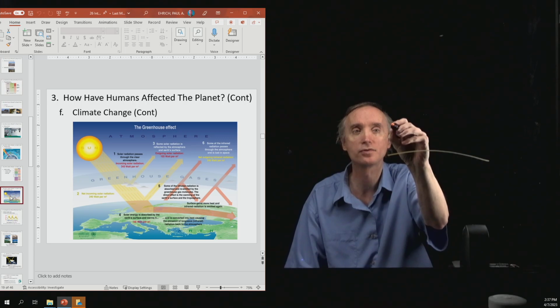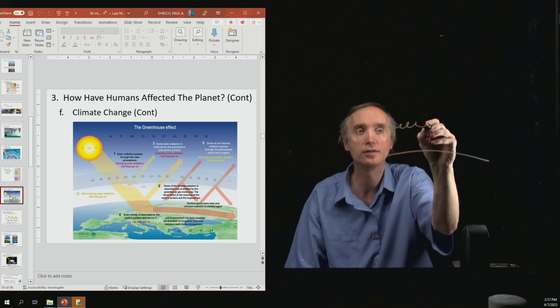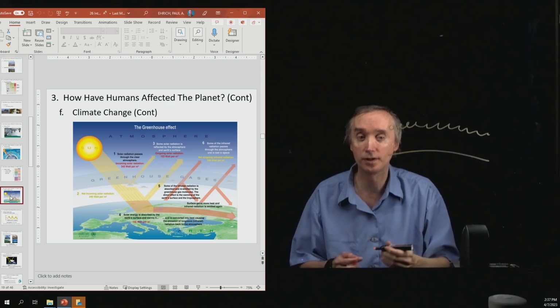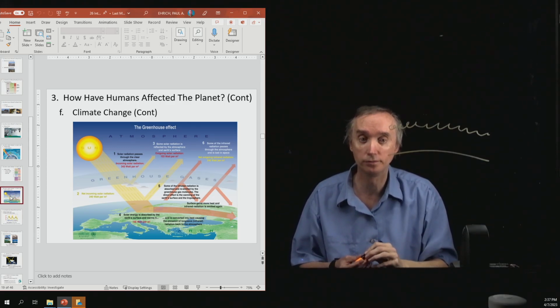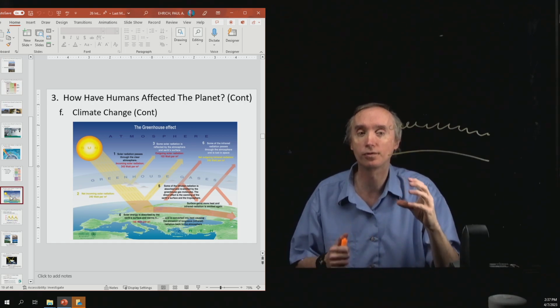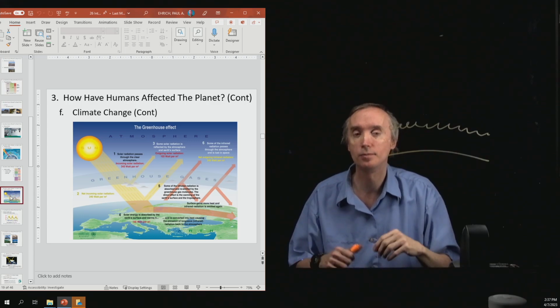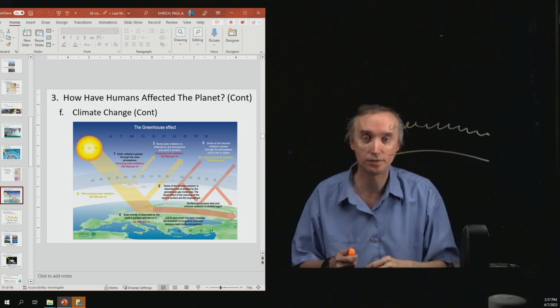Up in the troposphere, you've got various kinds of gases, such as carbon dioxide, water, and methane. Those three gases are called greenhouse gases because they trap heat.